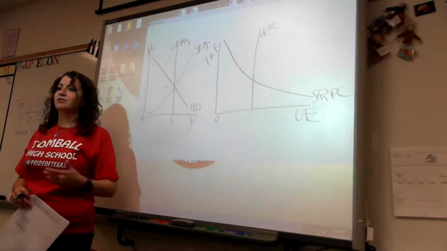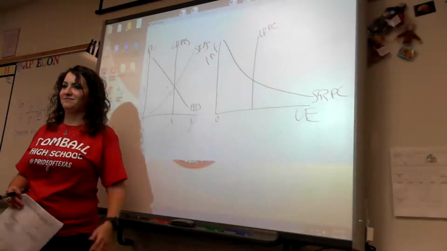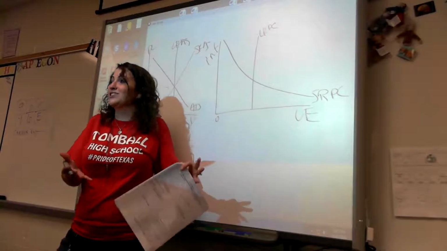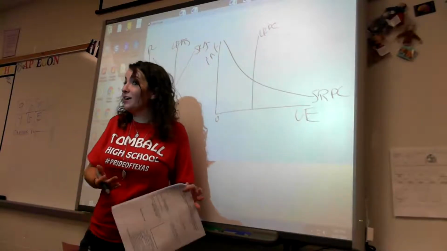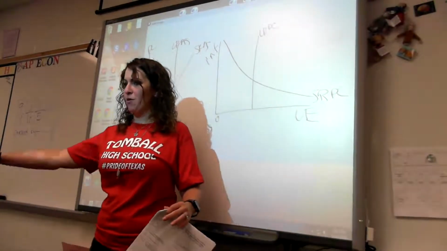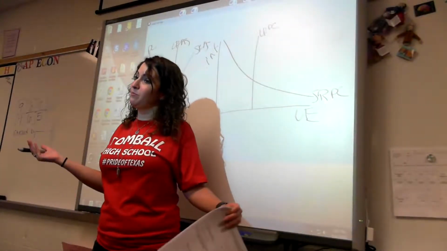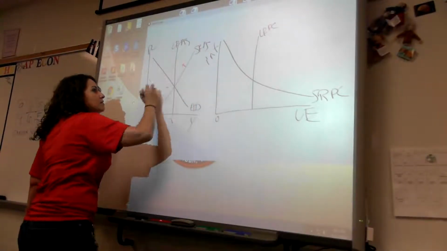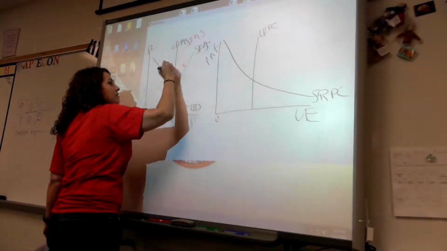Give me an input. The price of fill in the blank. Wages. Like it, love it. Wages go up. I can't afford to pay my workers as much, so I can't supply as much. Aggregate supply is going to shift to the left, something like this. Short run aggregate supply.